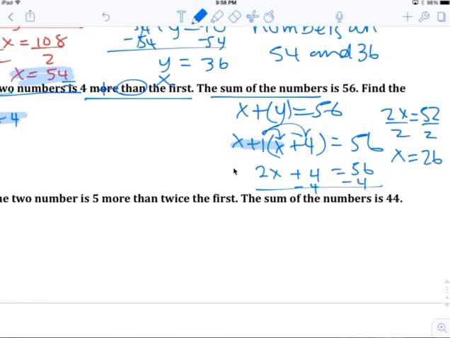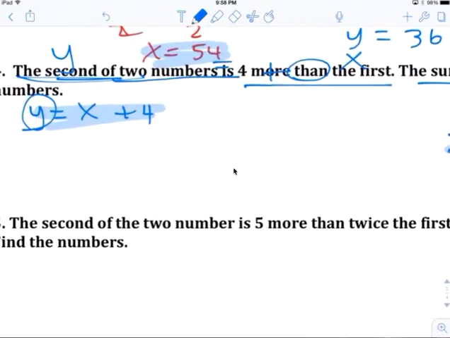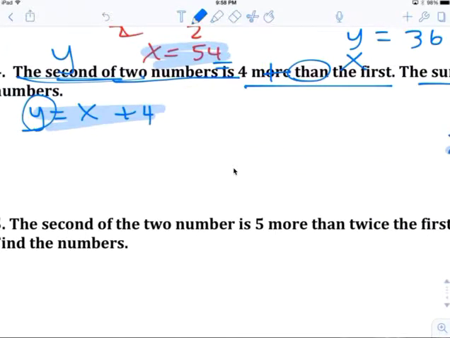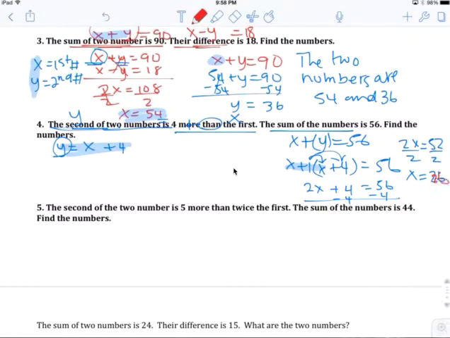Right? x is 26. Well, if x is 26, let's go back to this equation. If x is 26 right here, you put 26, then y is 30.